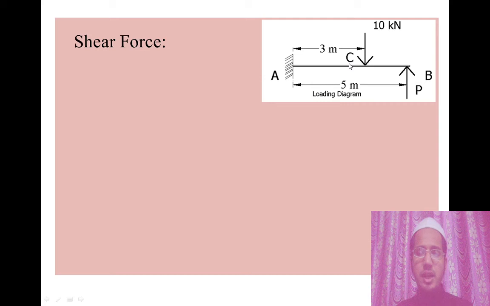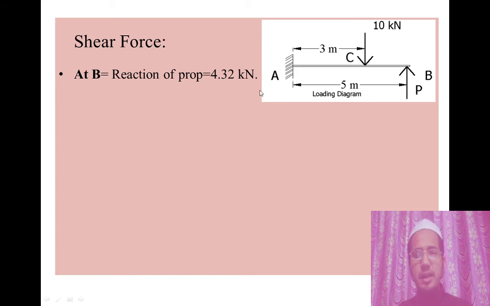Now shear force at B, there is the prop reaction. Let us assume upward as positive. Just write it, we will assume upward positive, means shear force at B will be 4.32 kN upward.